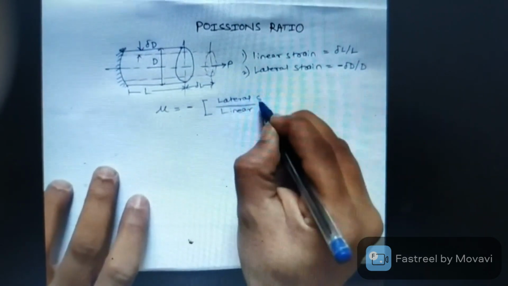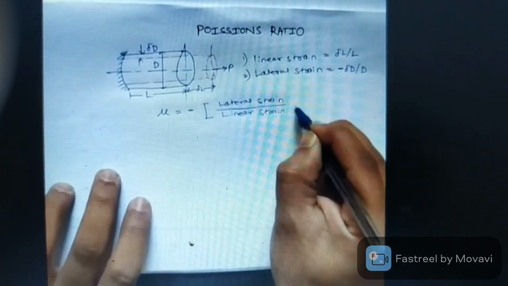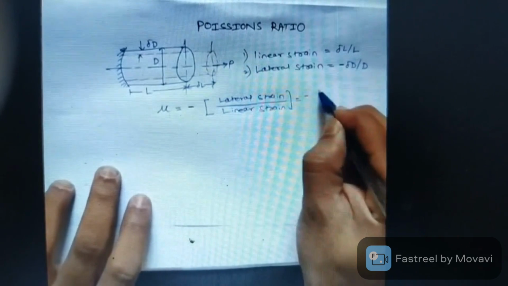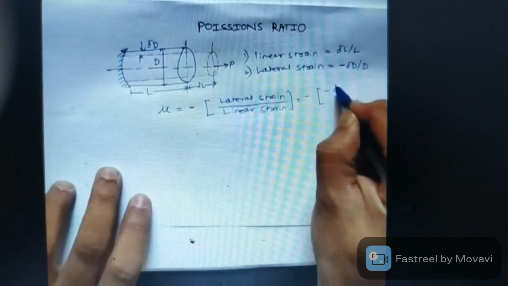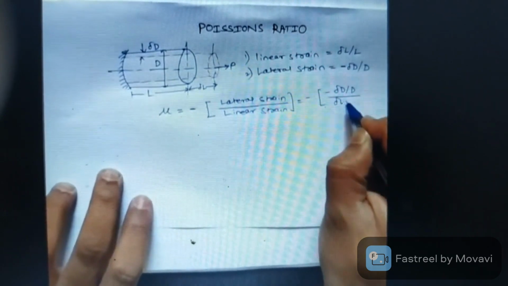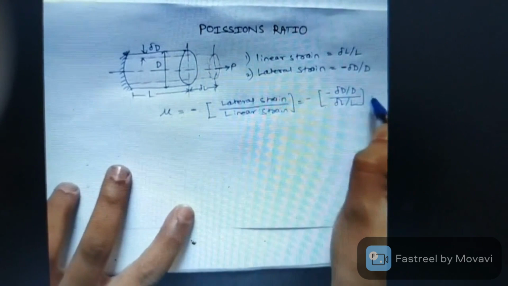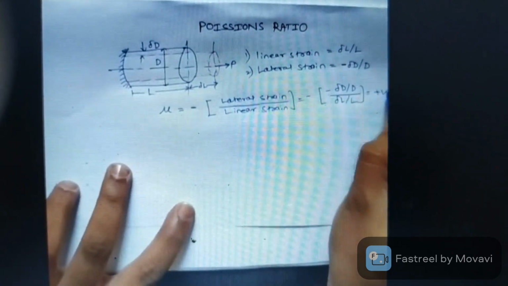So here we have lateral strain as delta D by D and linear strain as delta L by L. So this minus minus will get cancelled and we will have positive Poisson's ratio.